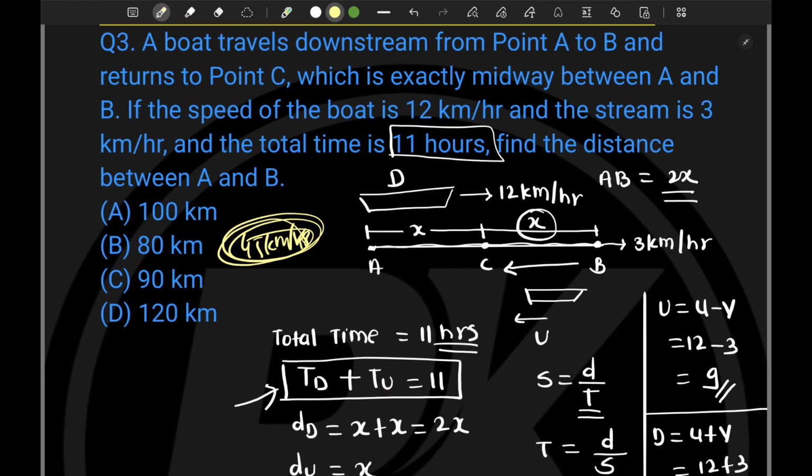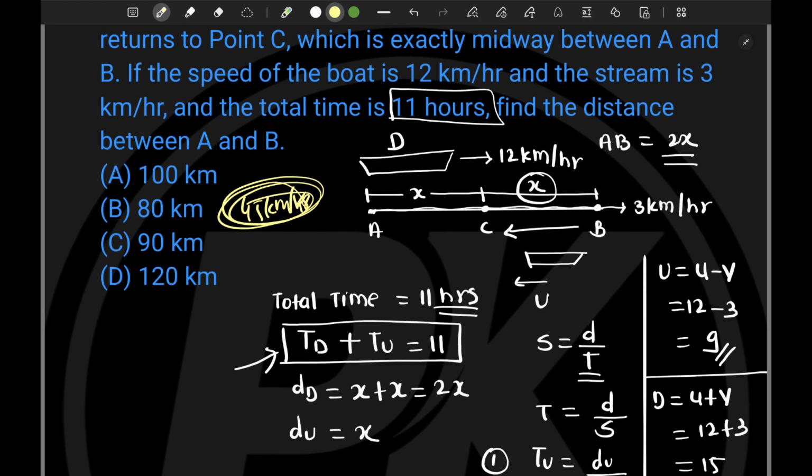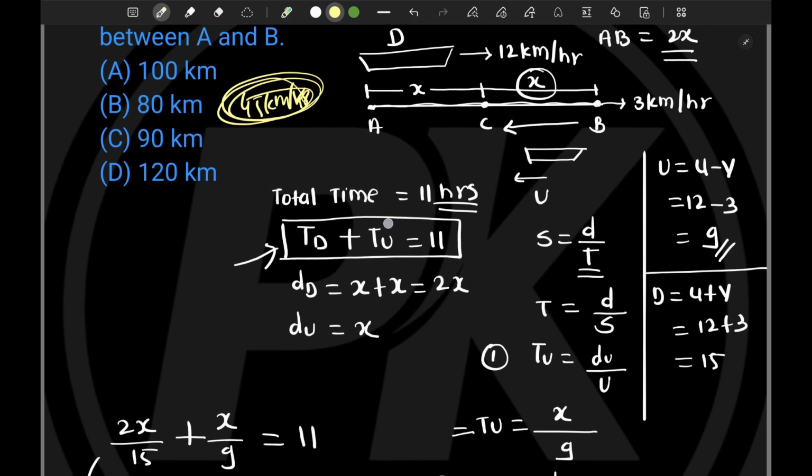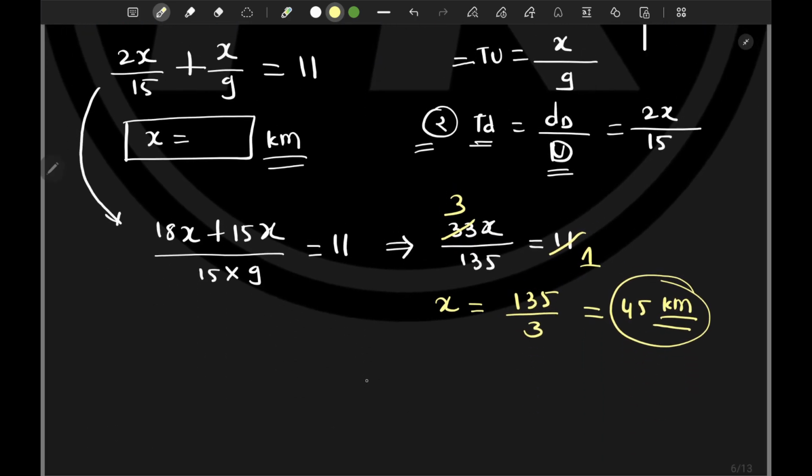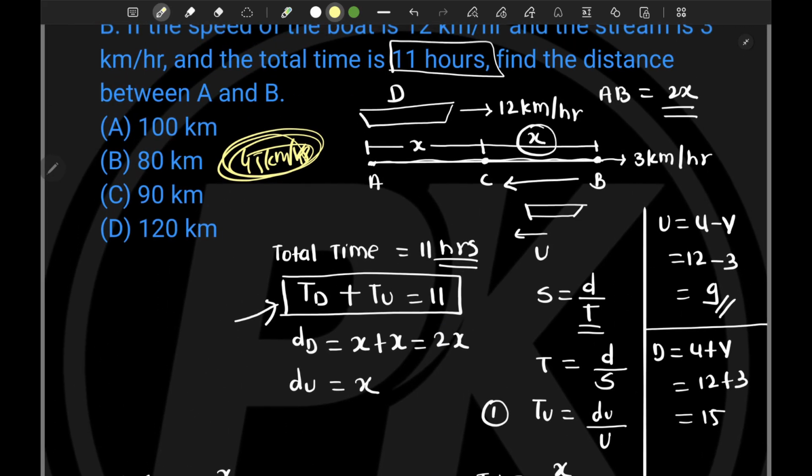What they are asking is to find the distance between A and B, so it is 2x, right? And hence 45 into 2 is 90 kilometer. Which is that option? It is option number C, and hence option number C is correct. So till here all good.